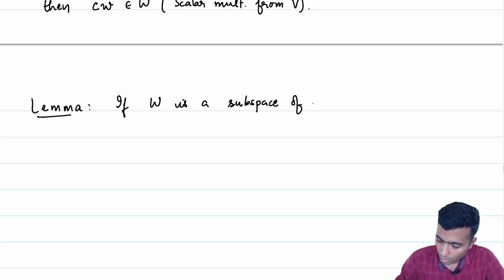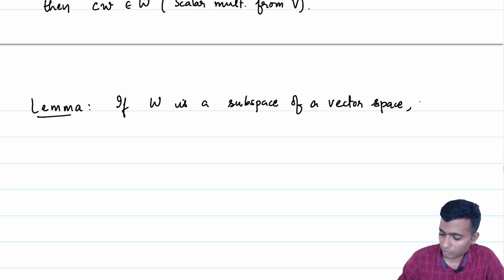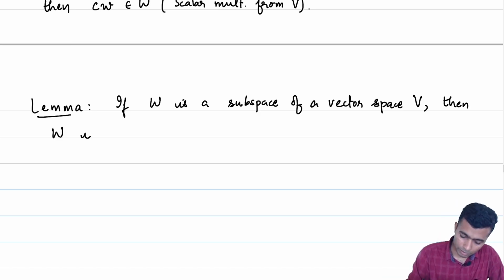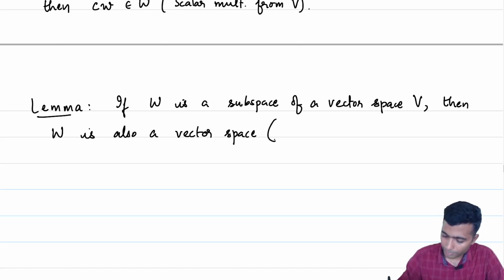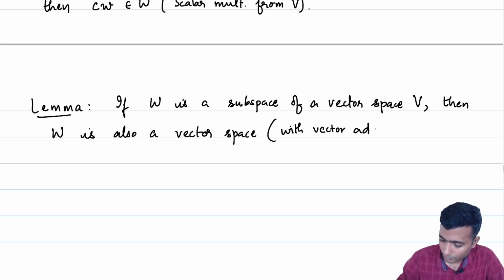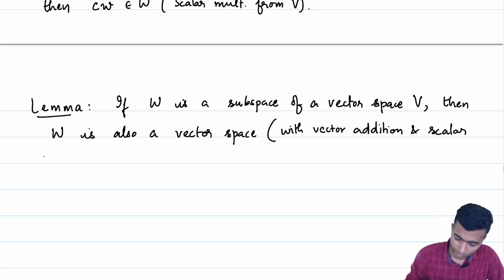If W is a subspace of a vector space V, then W is also a vector space, with vector addition and scalar multiplication the same as in V.